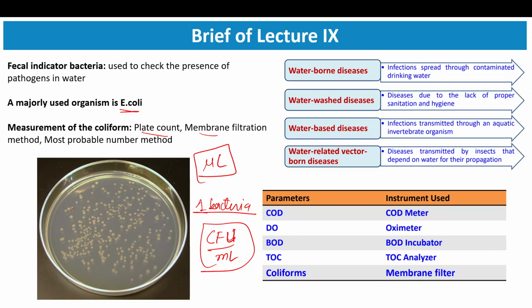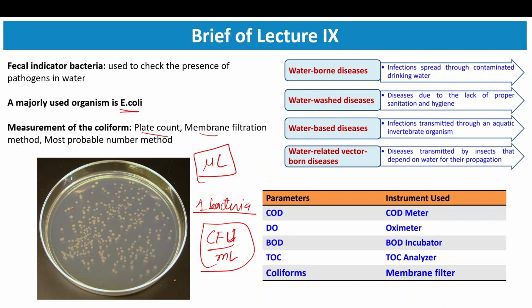So ideally, if you want to drink water, it should not have any microorganism, or E. coli should not be present. Okay, so that is the representative of fecal bacteria or fecal microorganisms, and since they are harmful, it should be zero.